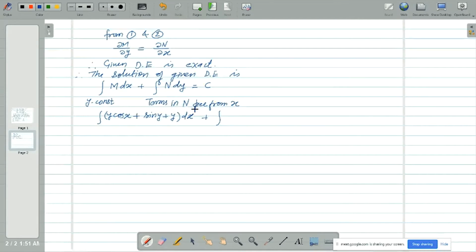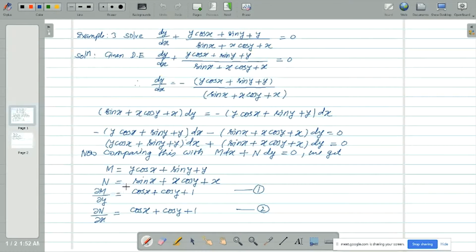Integration of terms in N free from x. Look here, terms in N free from x. This is the first term, and here this is not free from x, there is an x. So we will not take this part. Now come to the next term of N free from x. x is also here, so I will not take this part also.